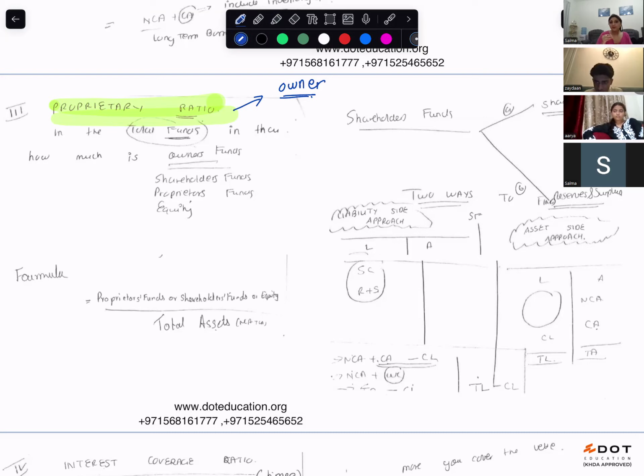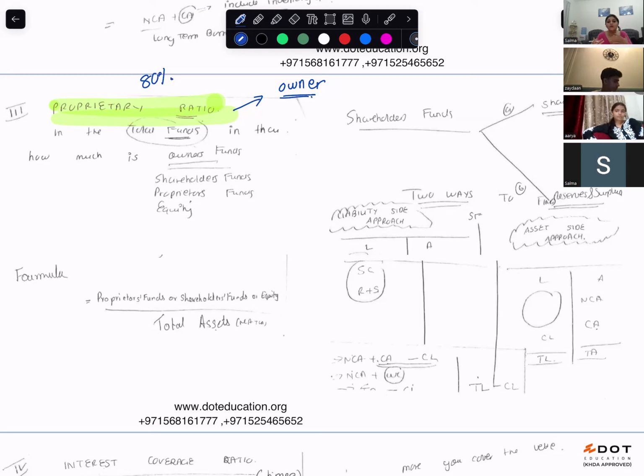If proprietary ratio is 60%, that means in the total funds of the company, the owner has put in 60%. If it is 80%, the owner has put in 80%.